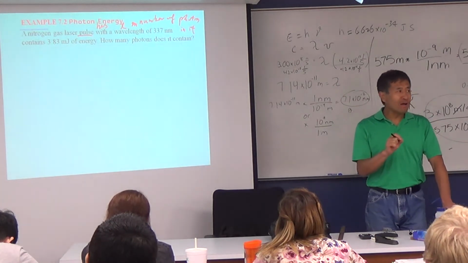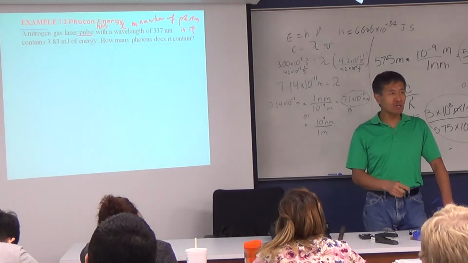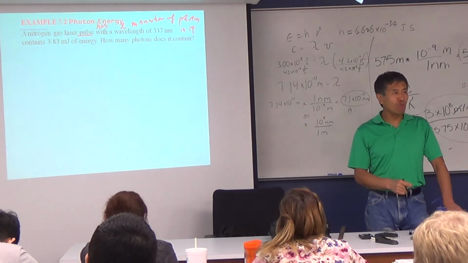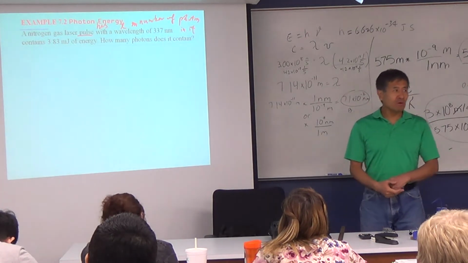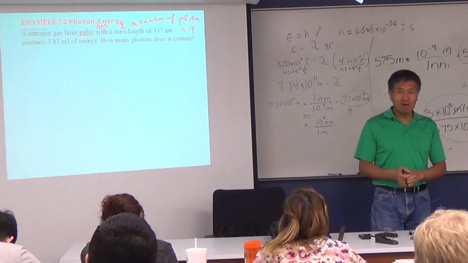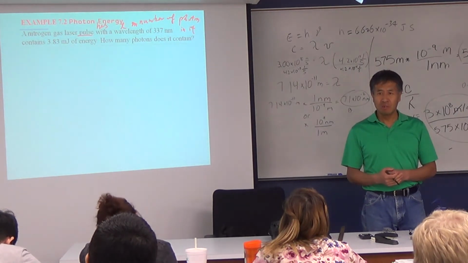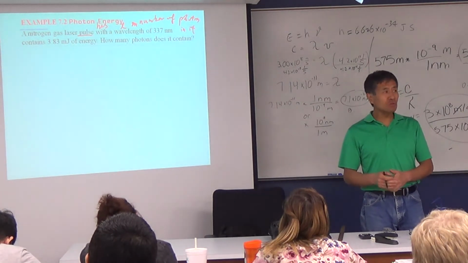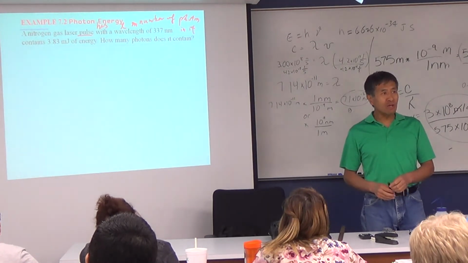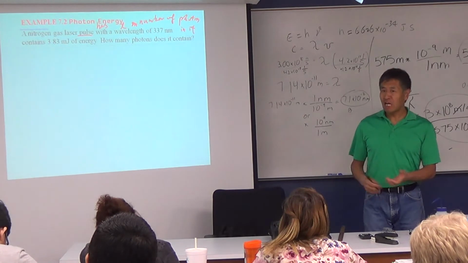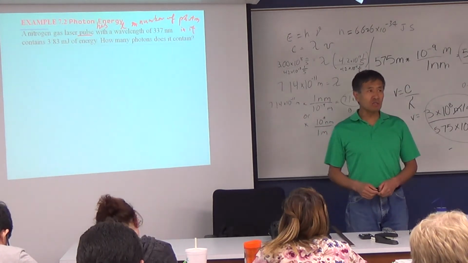So for every one photon, as you learn in later sections, it comes from one of those activities. For example, it can come from one of those transitions of electrons. Some of that radiation, like gamma rays and X-rays, is not coming from electrons; it comes from activities in the nucleus.